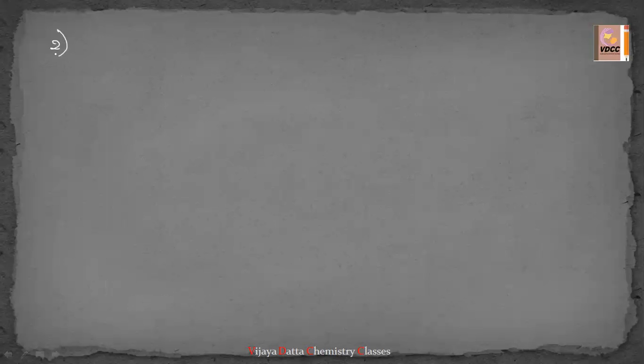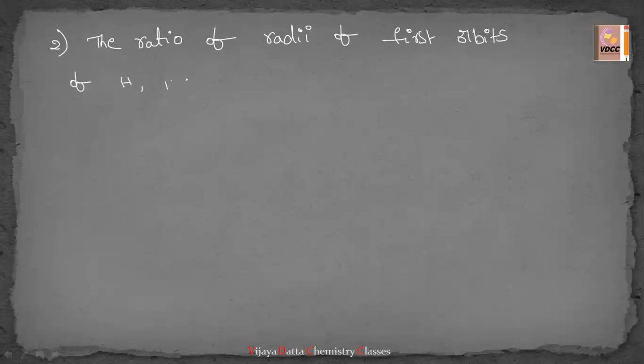Come to the next problem. I am taking here the ratio of radii. The ratio of radii of first orbits of hydrogen, helium plus and lithium plus 2 is?